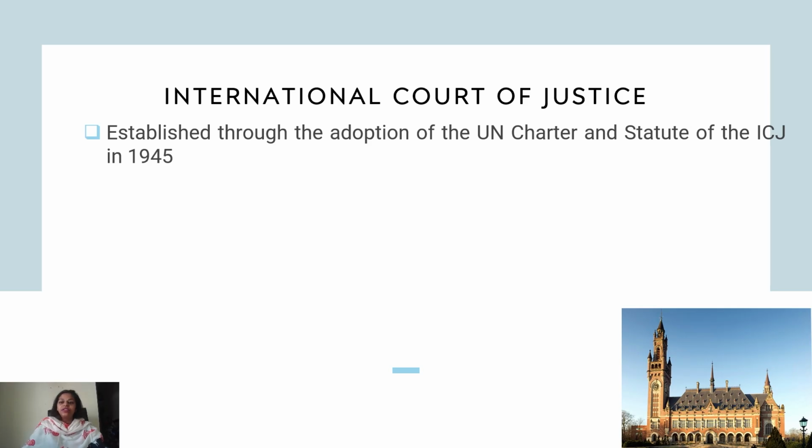The Statute is a document specifically devoted to the ICJ, while the Charter of the United Nations talks about other principal organs and other subsidiary organs of the United Nations. Now, the ICJ is the principal judicial organ of the United Nations, and this is mentioned in a specific provision of the Charter.